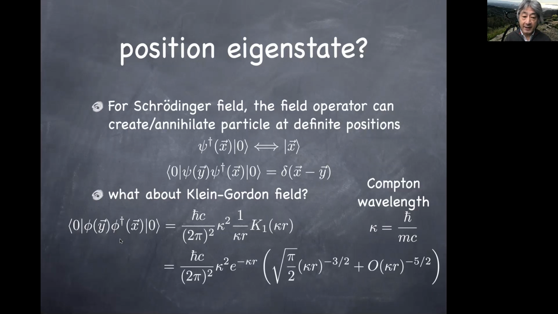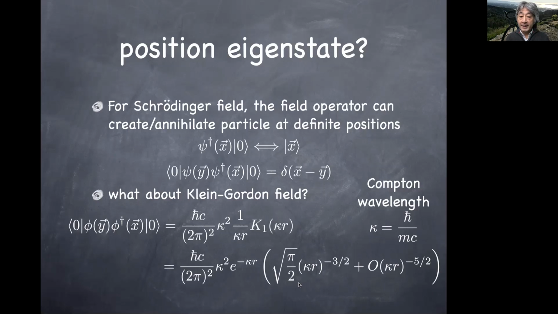That's what this state is when you act this Klein-Gordon field operator on the vacuum ket. So it doesn't allow us to have the simple interpretation that φ†(x) is a creation operator at position x, because it's not completely orthogonal to a slightly different position y within the Compton wavelength.